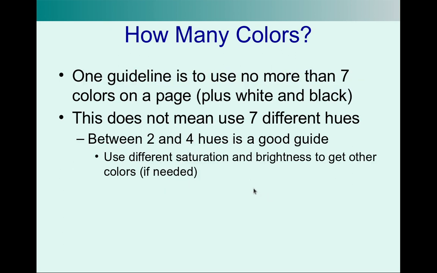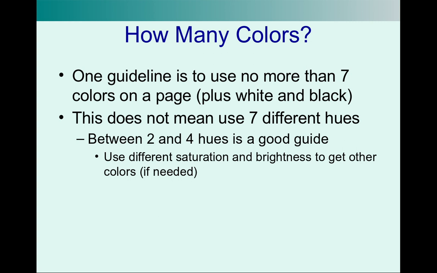So with that background, one may think how many colors will be appropriate on one web page, for example, or on a screen of a GUI application. One guideline here is to use no more than 7 colors on a page in addition to white and black. Well, that does not mean that we should be using 7 different hues.